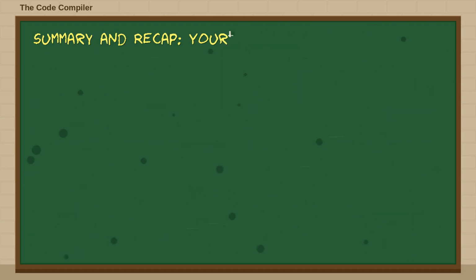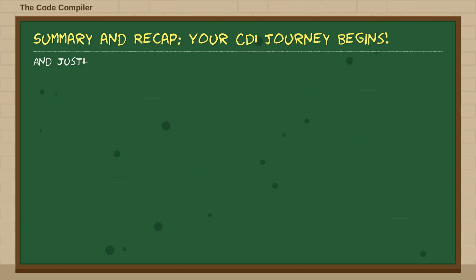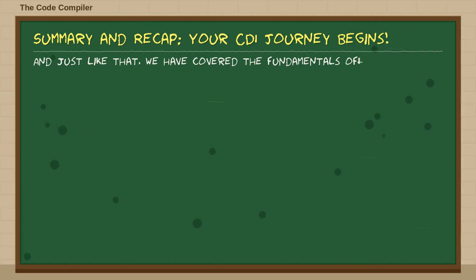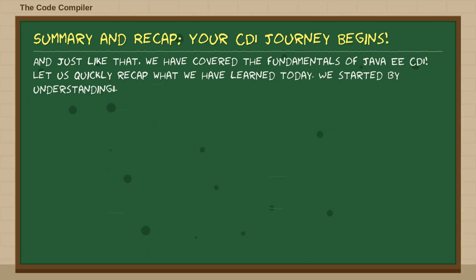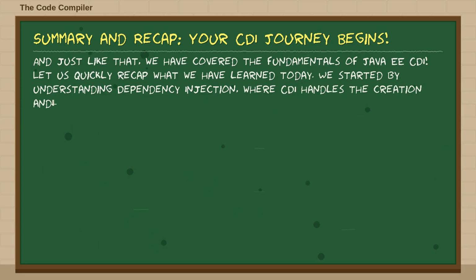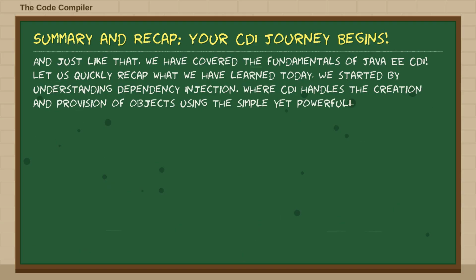And just like that, we have covered the fundamentals of Java EE CDI. Let us quickly recap what we have learned today. We started by understanding dependency injection, where CDI handles the creation and provision of objects using the simple yet powerful @Inject annotation.